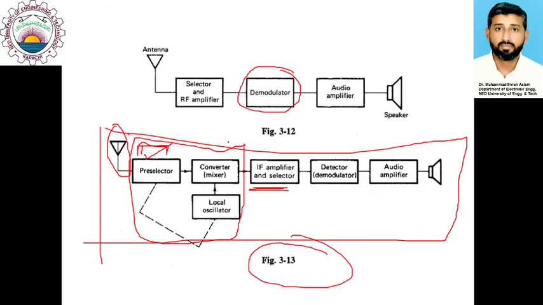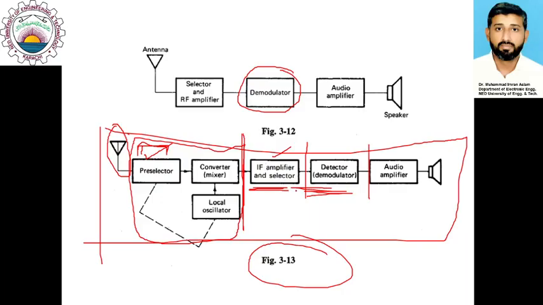In the first demodulation stage, all the signals are converted to this intermediate frequency, where you use an intermediate frequency amplifier and selector, and whatever signal processing is needed is generally done at this stage. Eventually it is again demodulated to the audio frequency.